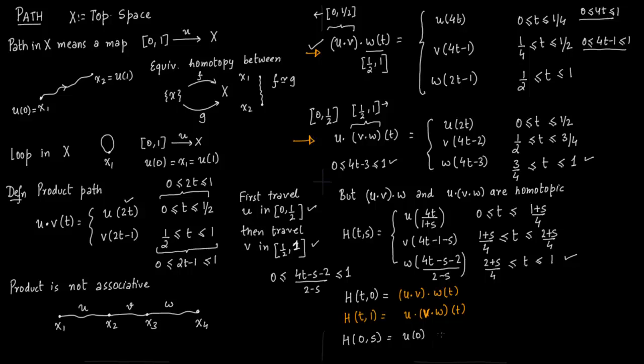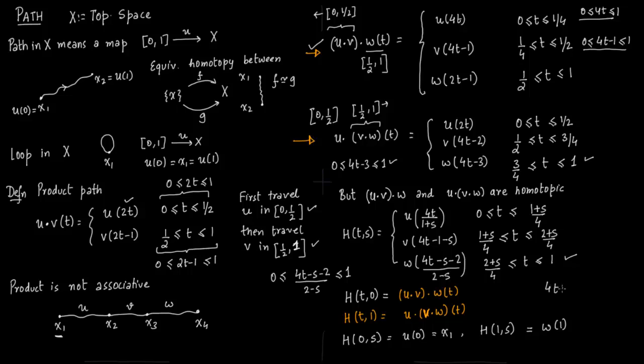So you are at the start of the path right here. And when you are at the end of the interval, that is you plug in t equals to 1, you get w of 1. So let me write this down more clearly. And this w of 1 is x4.